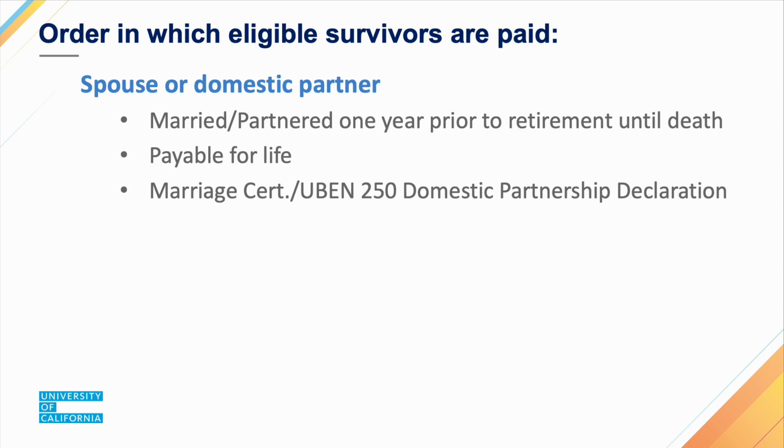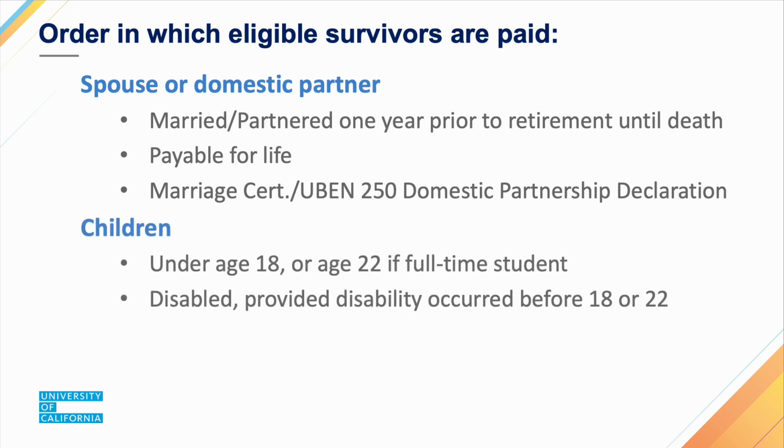So if there is no spouse or domestic partner, then the next category of individuals that the university would look for to pay the post-retirement survivor continuance benefit is eligible children. Eligible children are children under age 18 or under age 22 and in school full-time, or disabled if they're disabled prior to that age.